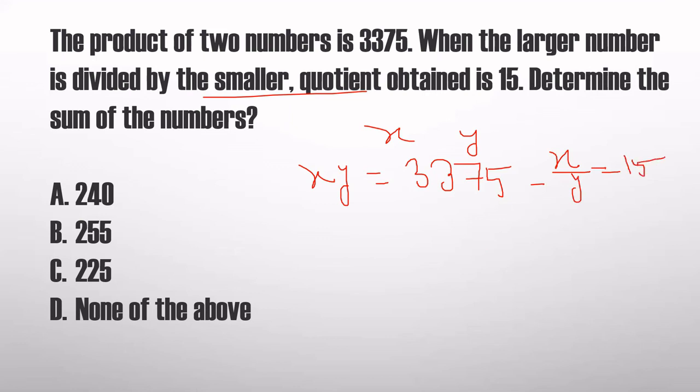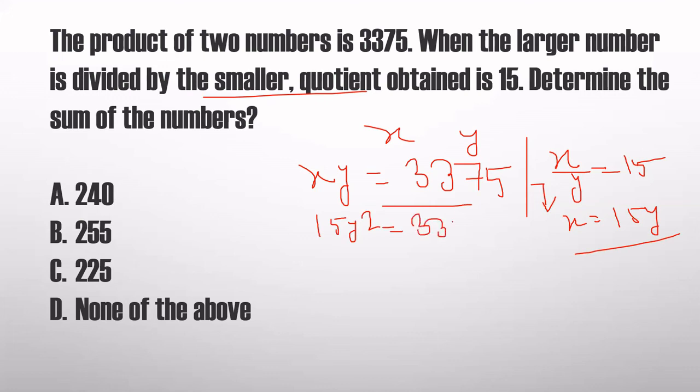So now, from this equation, what we get is x equal to 15y. If we put this information in the product equation, we get 15y square is equal to 3375, right? So this 15y square is equal to 3375.